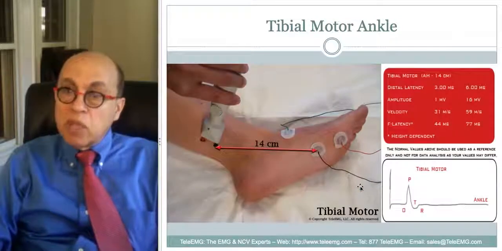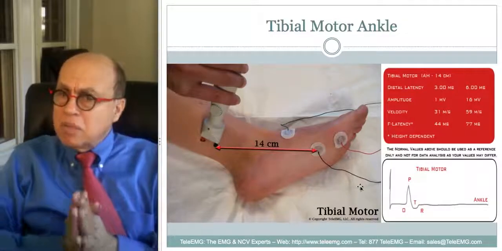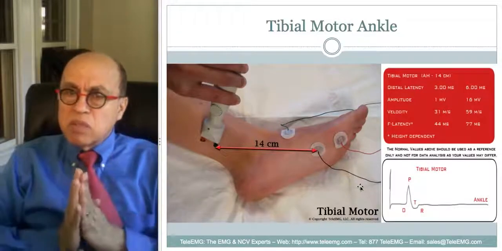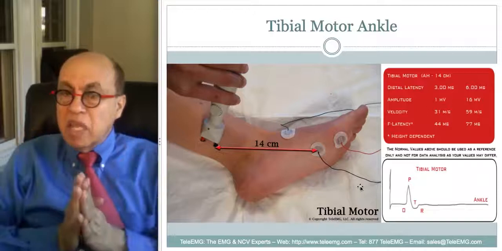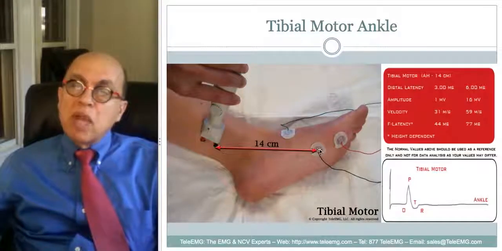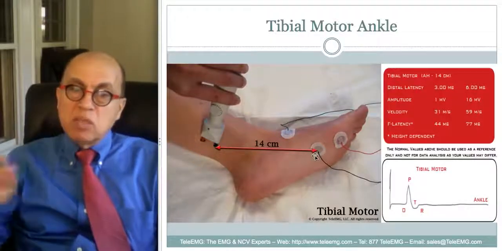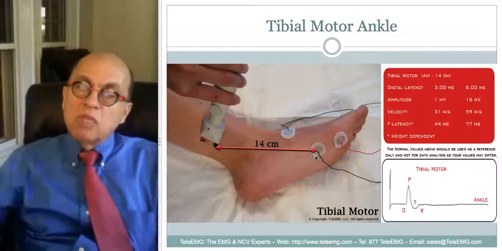Now, for the tibial nerve, we stimulate it at the ankle also, and usually there's very few areas where the tibial nerve can get damaged at the knee, so we only stimulate it at the ankle, and we put the active electrode here right below the ball of the foot over the abductor hallucis muscle. That's the muscle that spreads the toes, okay?